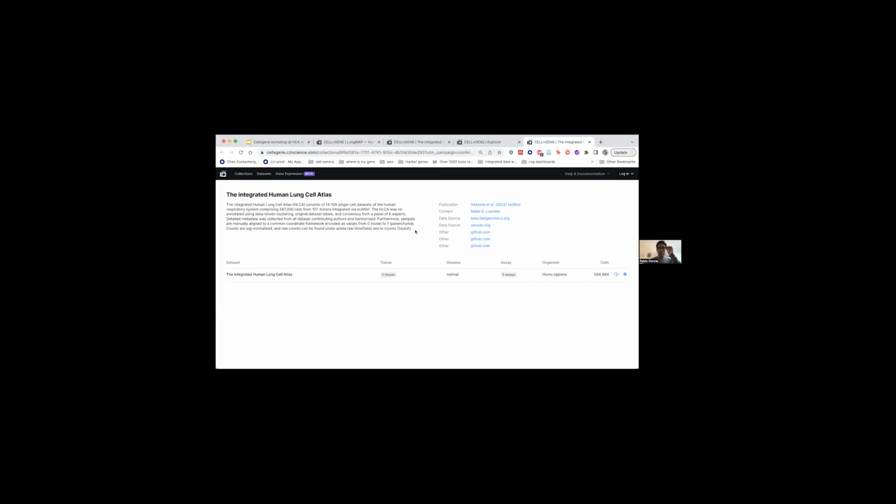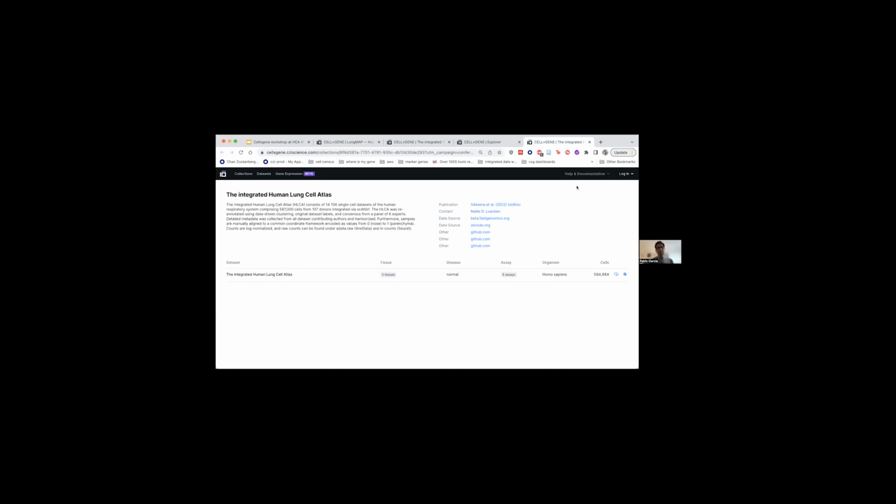So if I come to tissue, and then look for lung, it's going to show me all the different lung collections. And I believe the one that I'm going to be talking about is the lung map. Oh, this is actually the integrated human lung cell atlas.